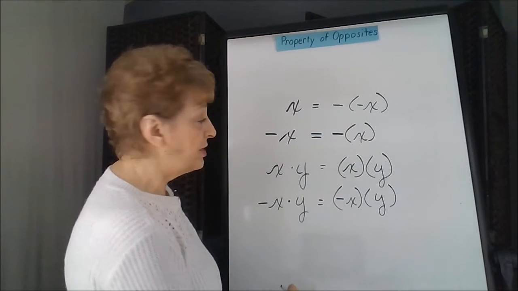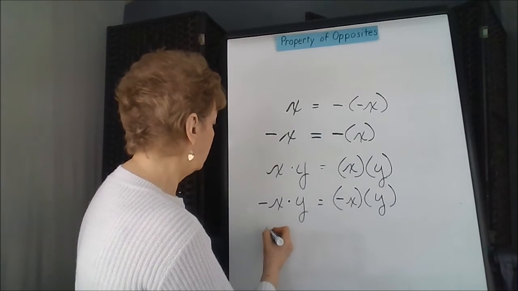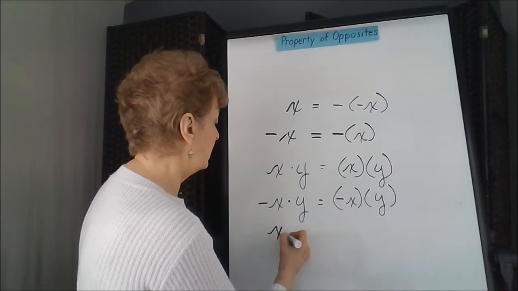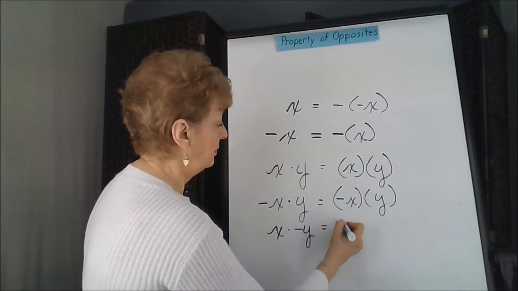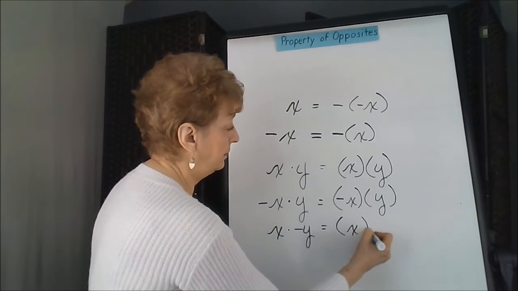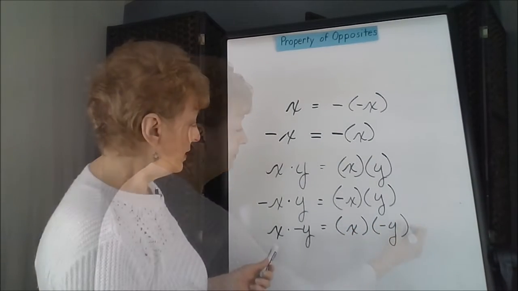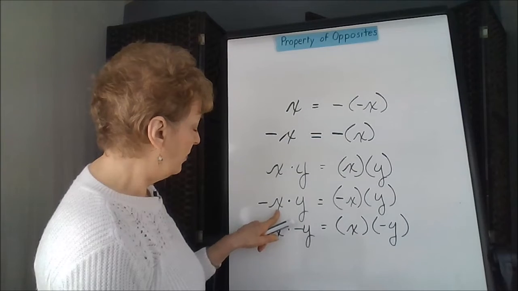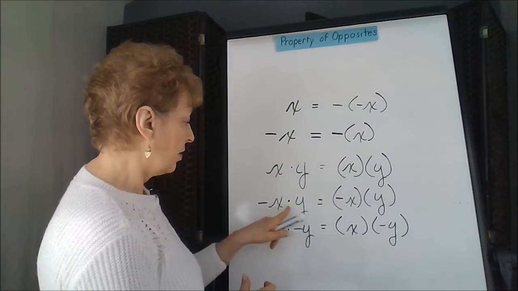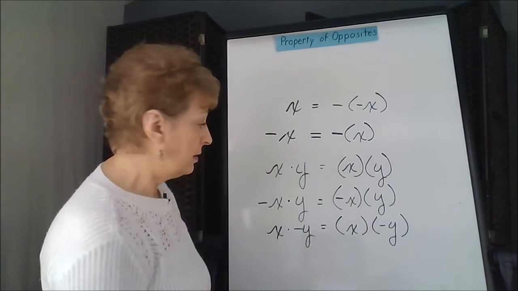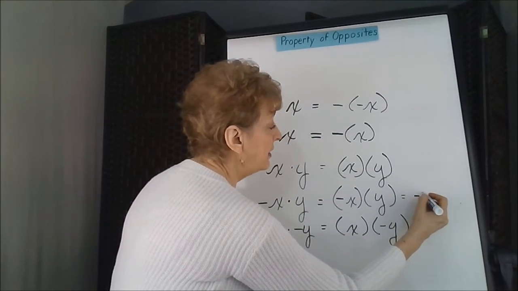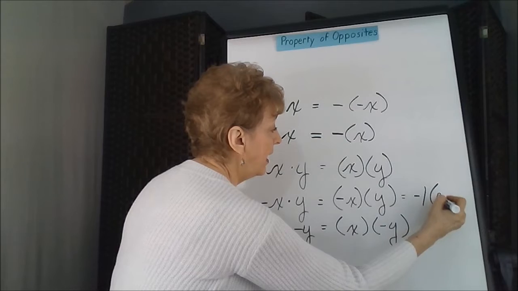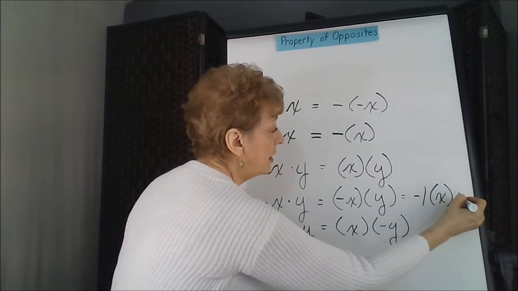We could also reverse it and get the same answer. So we could have an x times a -y. When there is no coefficient of the x or y, it is considered 1. So we could also say this as -1 times x times y.